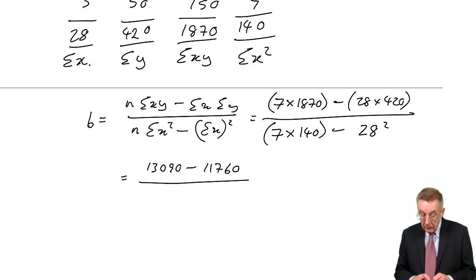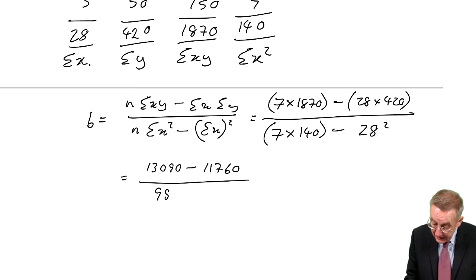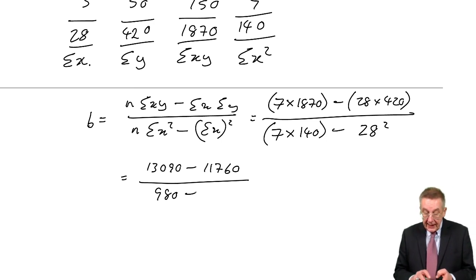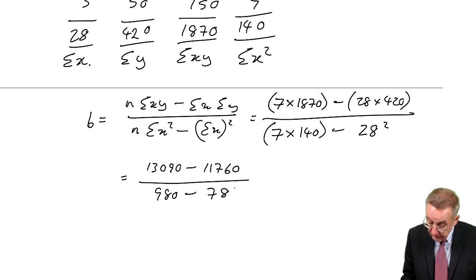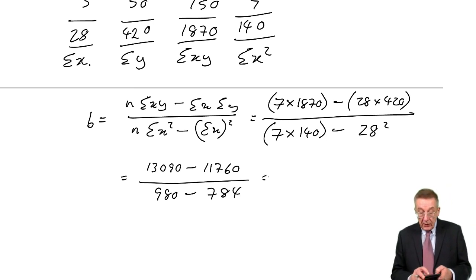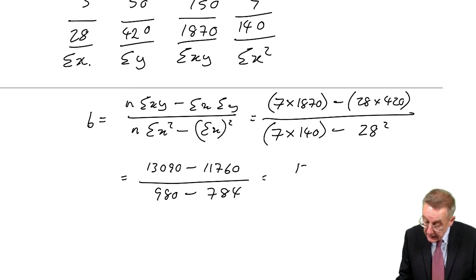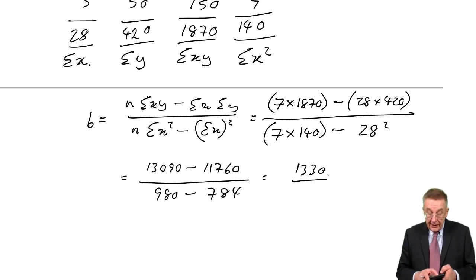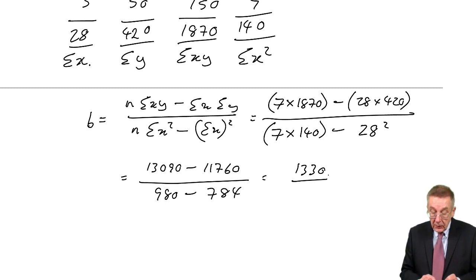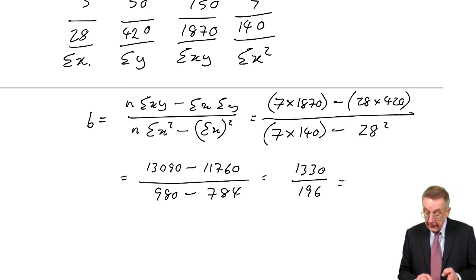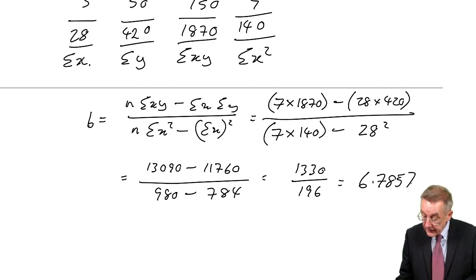Divided by 7 times 140 is 980 minus 28 squared, 784, which is what? 13,090 minus 11,760, 1330, divided by 980 minus 784, 196, which finally comes to 6.7857.